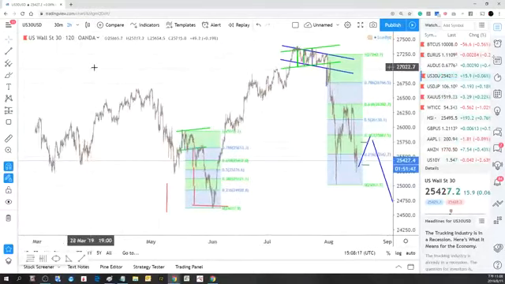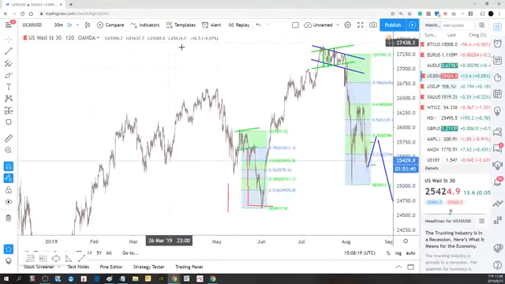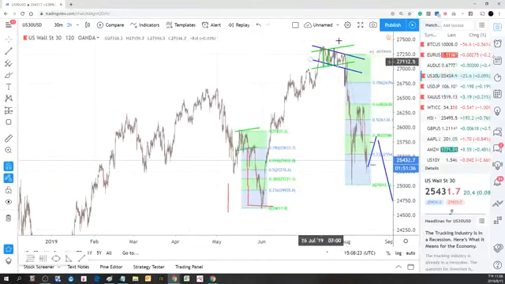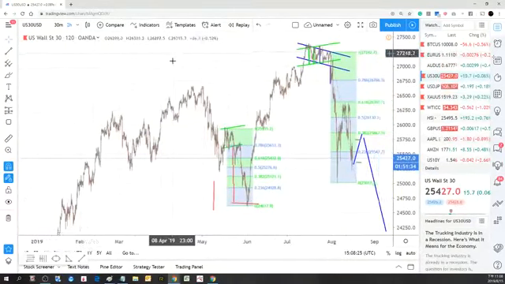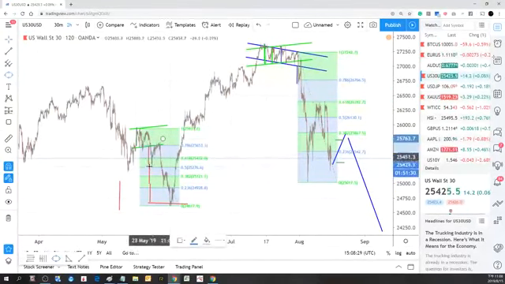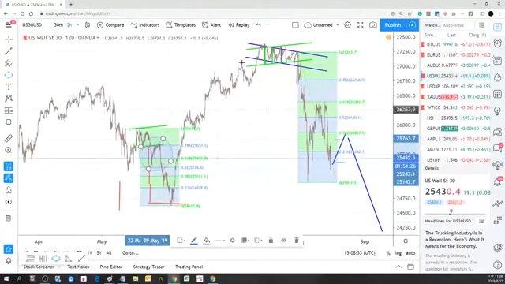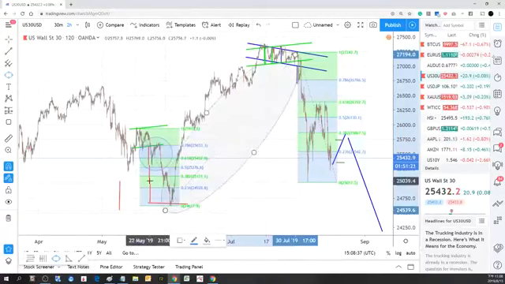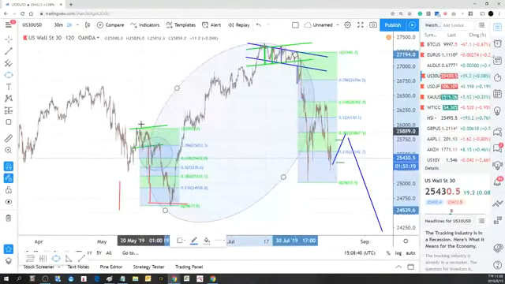And then if we zoom out, the market is doing this down and then this V. So this one is very, very similar with this one.